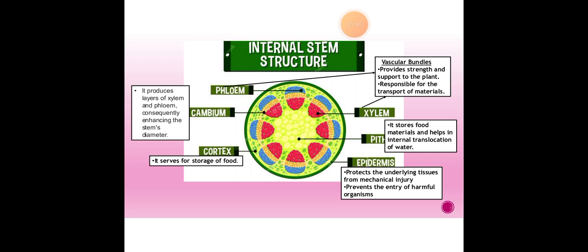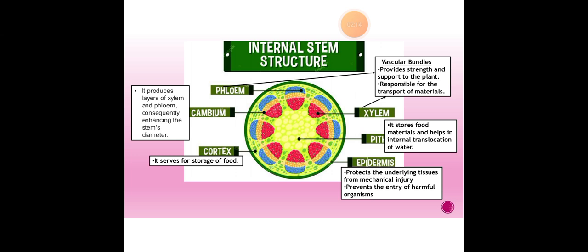So let's start with the epidermis, because it's the outermost covering. It is the part of a plant that covers everything. It protects the underlying tissues from mechanical injury, and anything that's harmful for the plant, it tries to save the plant from.